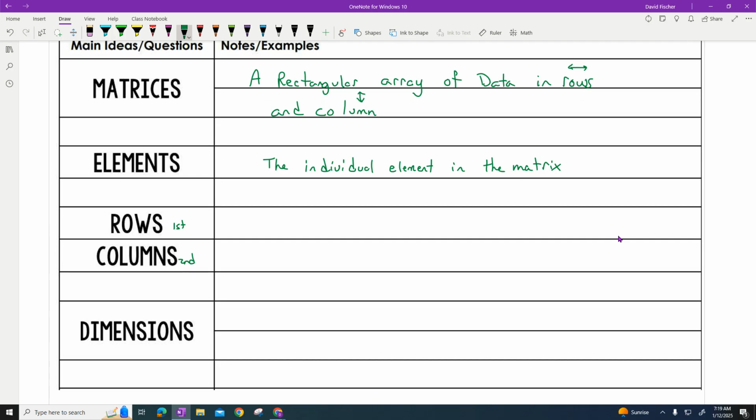Okay, so rows are the horizontal elements. Really secret: elements are just numbers. And we read them from left to right.